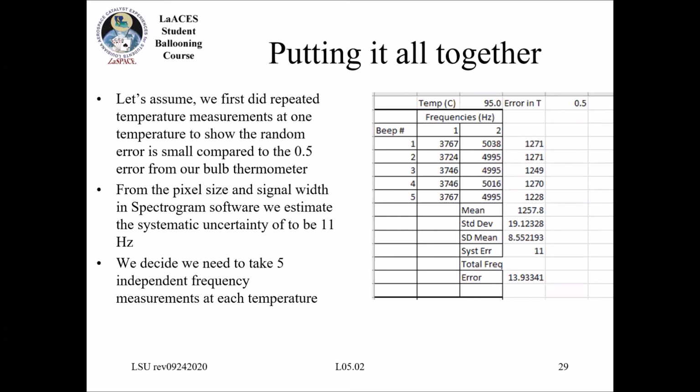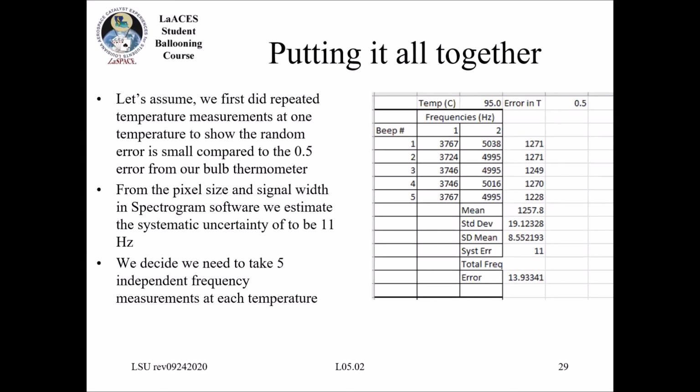Well, let's assume first that we did some initial measurements with a glass bulb thermometer, and it was similar to that case we discussed back in the standard deviation, where we basically couldn't see any random error because the scale on our thermometer was too coarse. We could only read out half a degree.